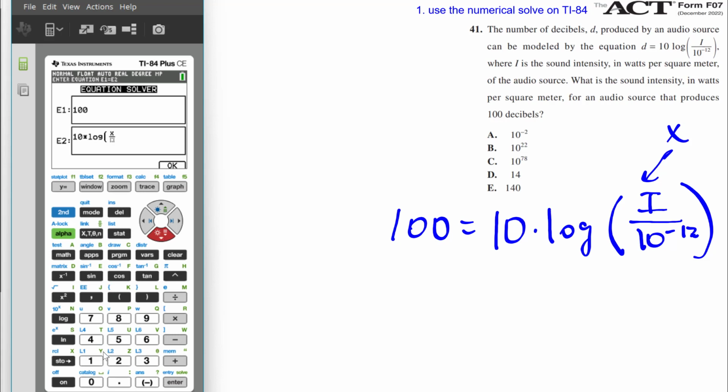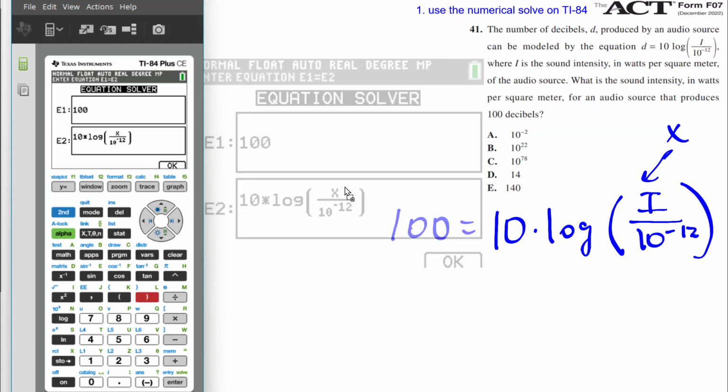And then in the denominator, I'll type in the 10 raised to the caret power, the caret key rather, negative 12. Press the right arrow to get out of the denominator, and then the right parentheses. Let me double check that. 100 equals 10 times the log of x divided by 10 to the negative 12.